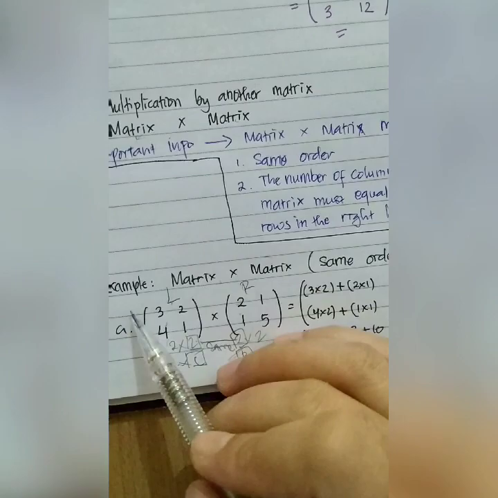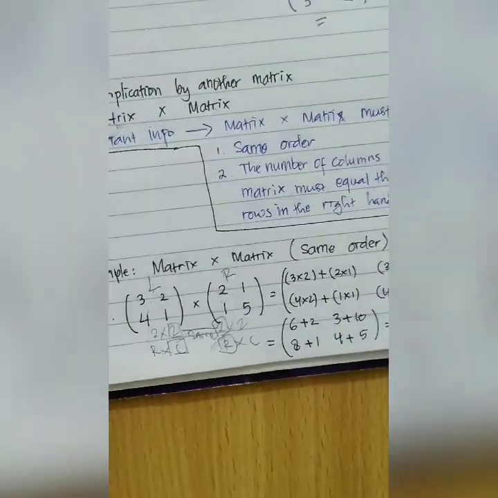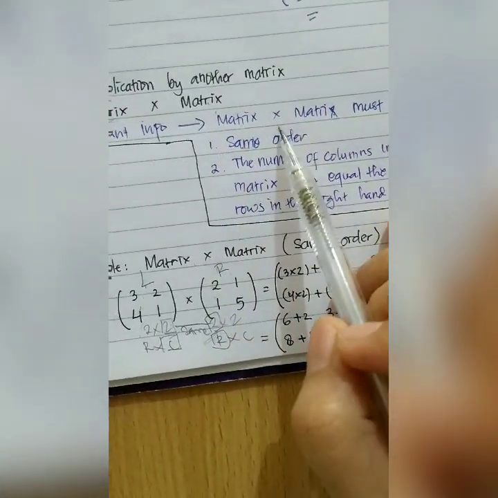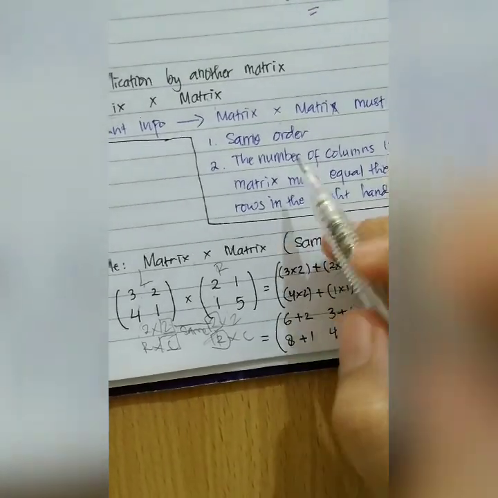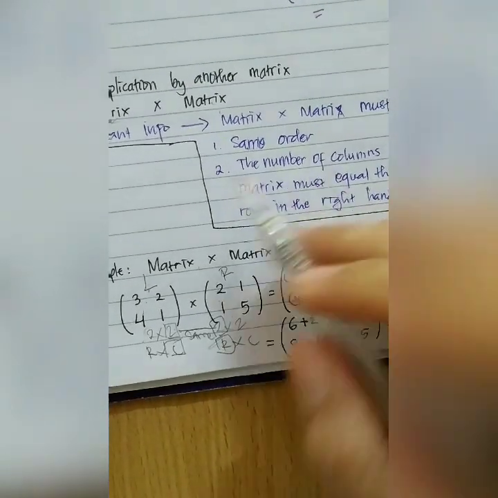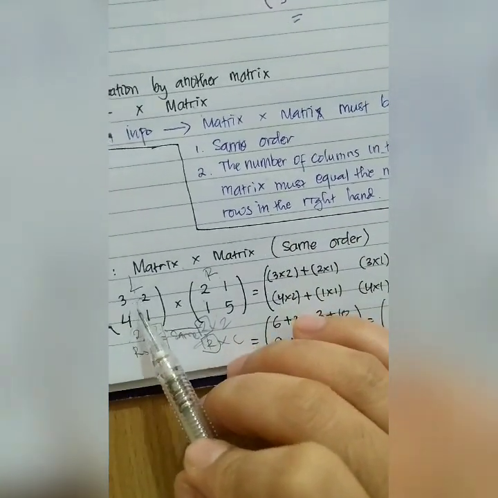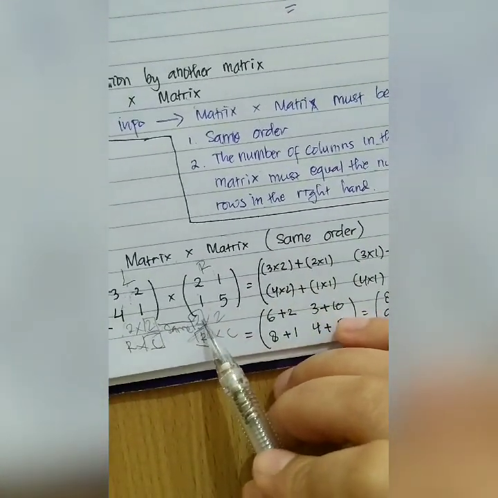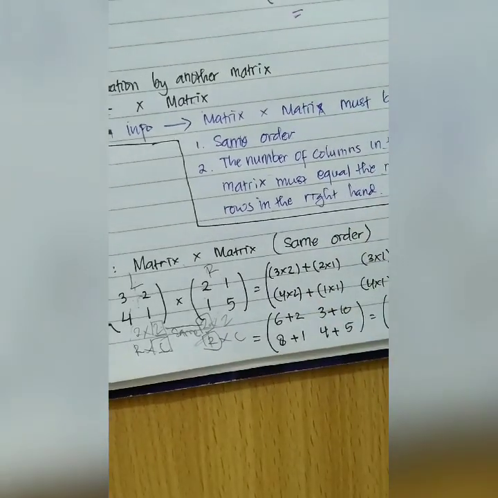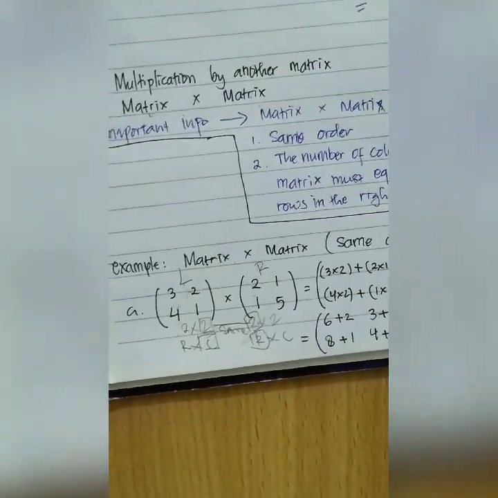So remember this, the requirement for a matrix to be multiplied by a matrix is that the number of columns in the left one is the same as the number of rows in the right side. Okay, we are going to the example.